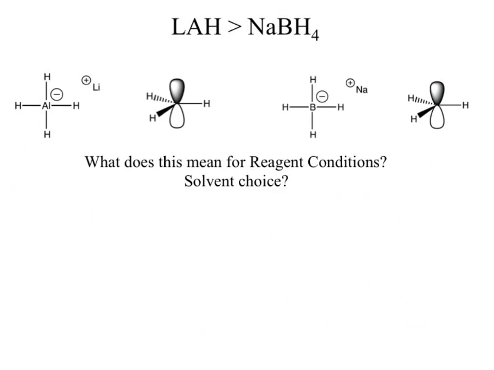Yippee. What does this mean for our reagent conditions? Okay, if we have significantly different reactivity, this means we're going to have to choose our reagents carefully. Okay? What kind of carbonyl are we trying to react with? Okay?